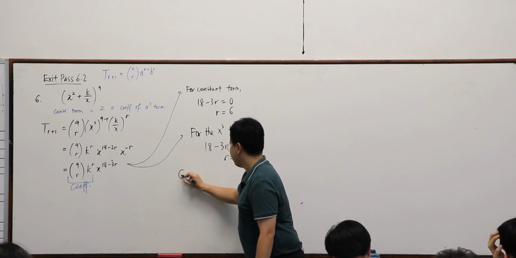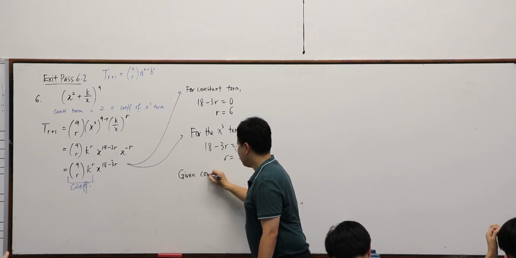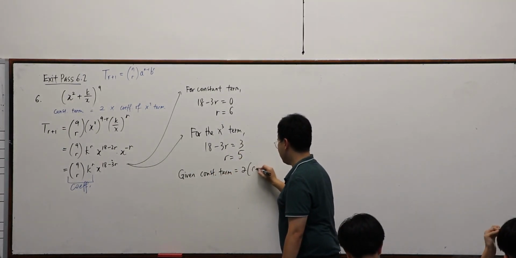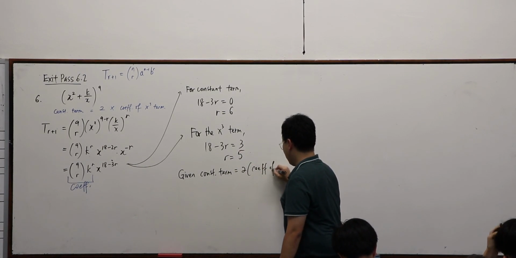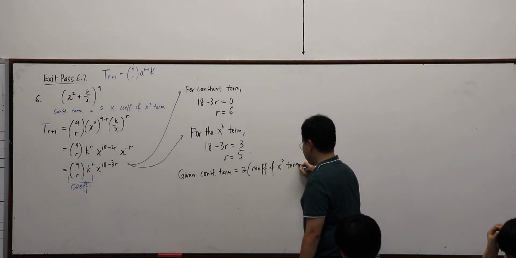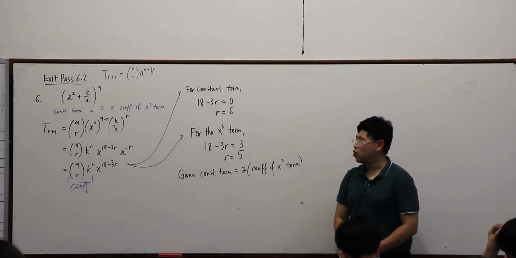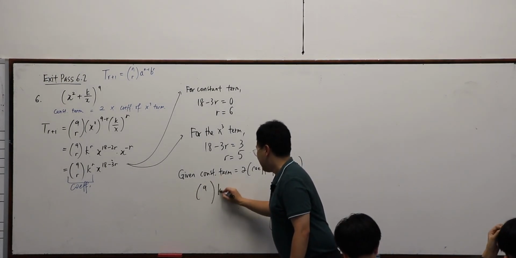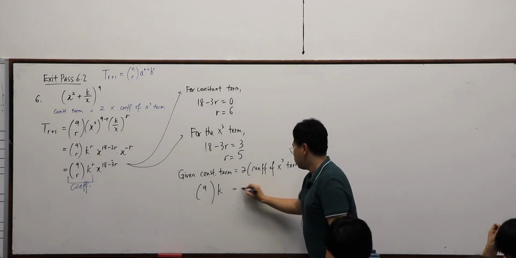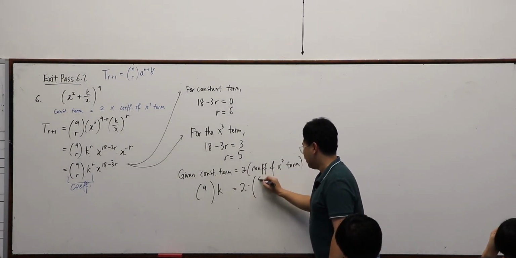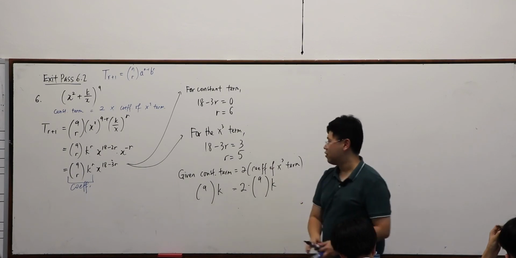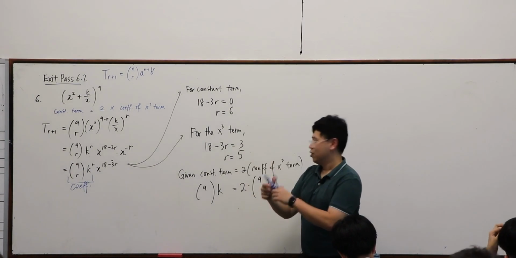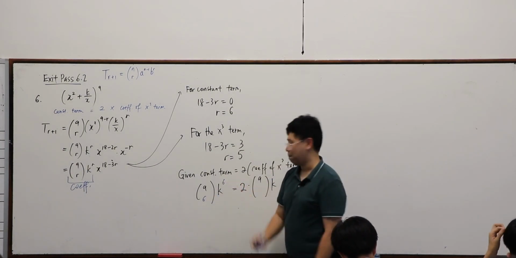Given that the constant term is equal to 2 times the coefficient of the x cubed term, I'm just comparing the coefficients. So 9 choose something, k to the power of something is equal to 2 times 9 choose something, k to the power of something. For the constant term, r equals 6, so I put the 6 over here.